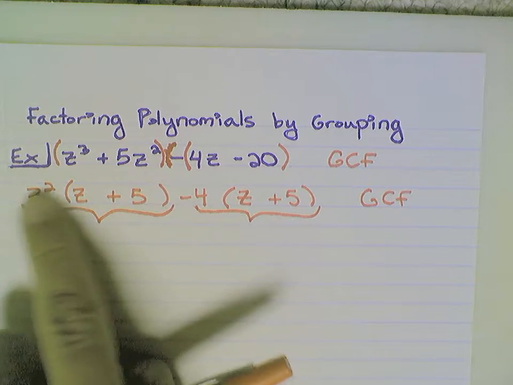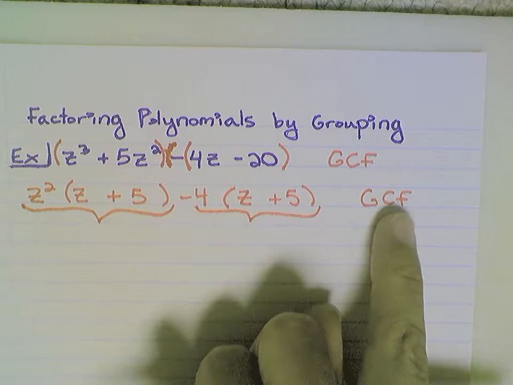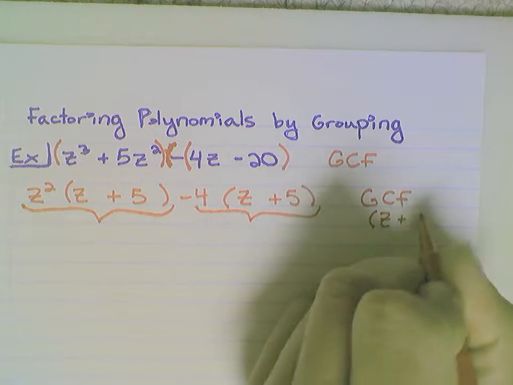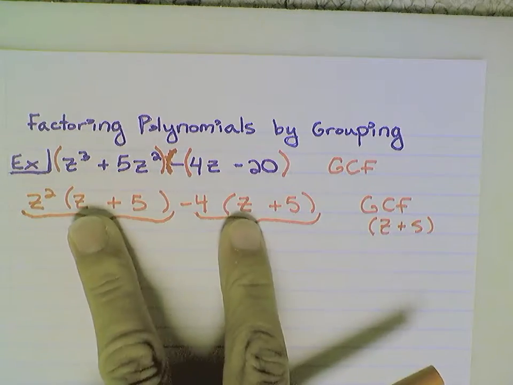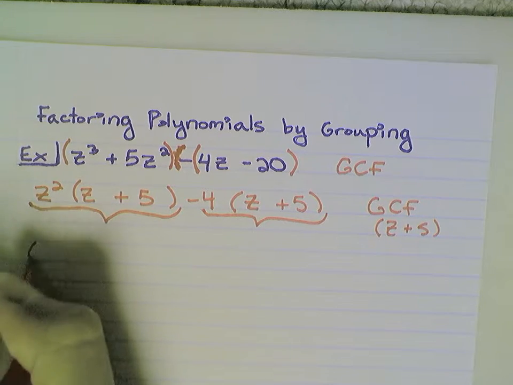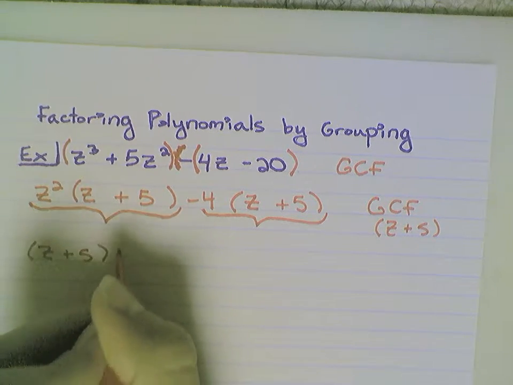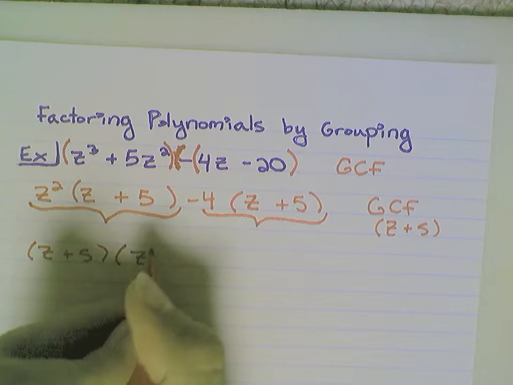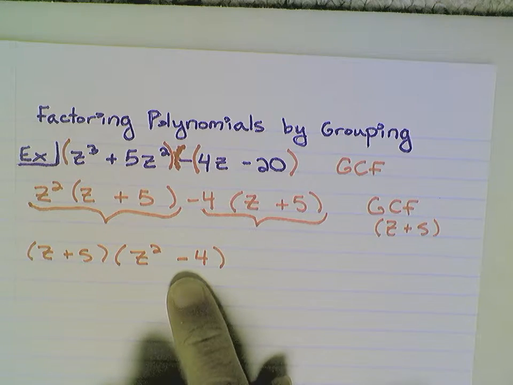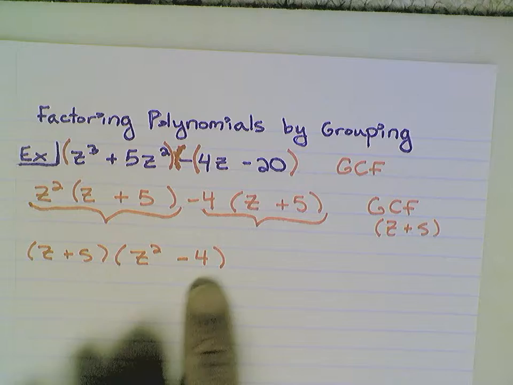We got this term on the left and this term on the right, and right now their greatest common factor is actually the entire parentheses z plus 5. Both terms have a z plus 5, so we can actually factor out the z plus 5, and then that will leave us with z squared minus 4 remaining. Okay, so factoring by grouping has been completed.